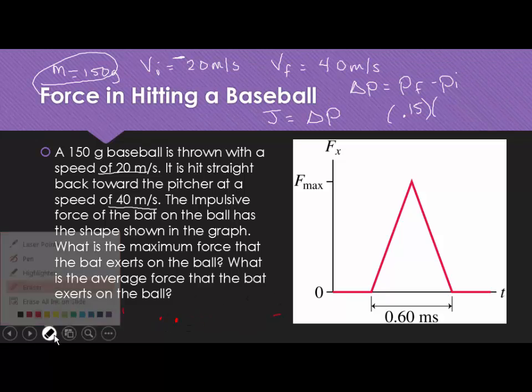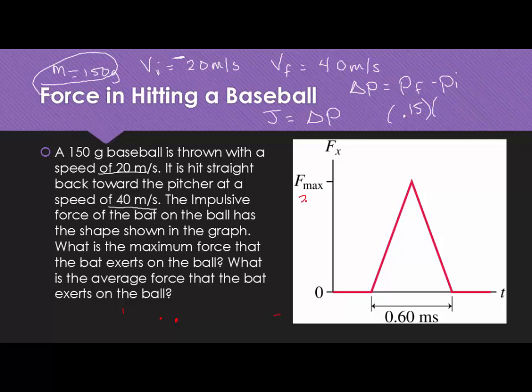The average is just taking the change in momentum that we found before, the impulse of 9, and dividing that by the total time. So your maximum force was 30,000, and your average force is 15,000.